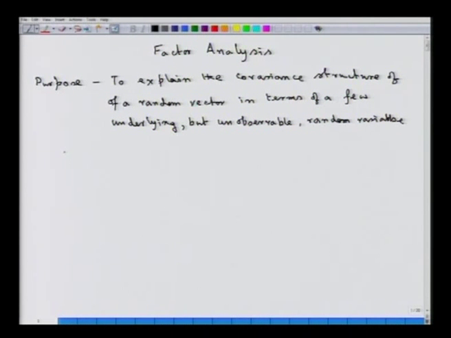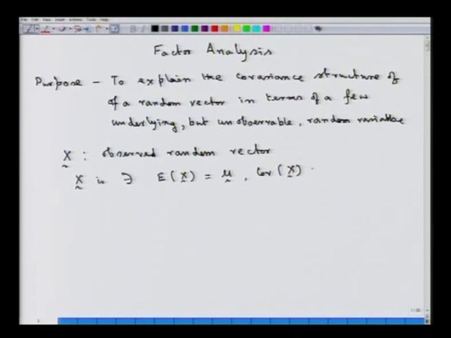Suppose we have x, the original observed random vector. This x is such that the expectation vector of x is mu, and the covariance matrix of x is sigma. We assume as before that sigma is positive definite.